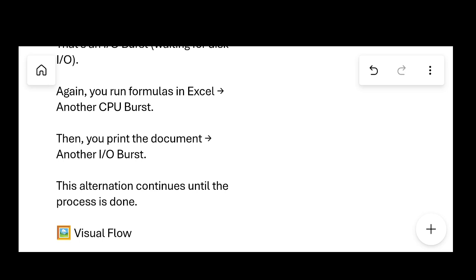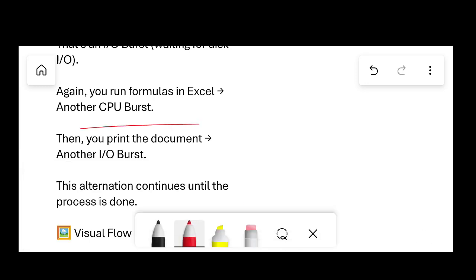Why is this important? Scheduling algorithms like FCFS, SJF, round robin and priority scheduling depend heavily on how long CPU bursts are.